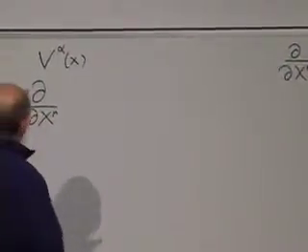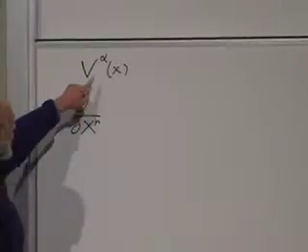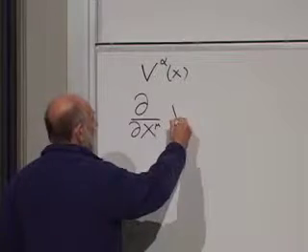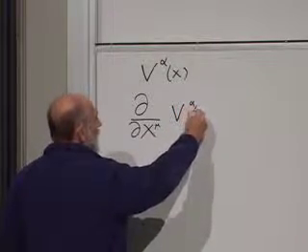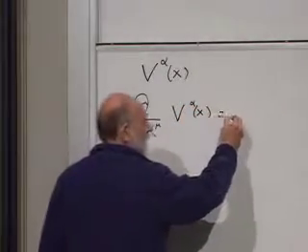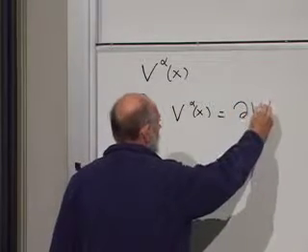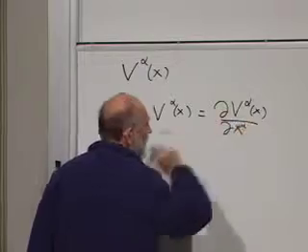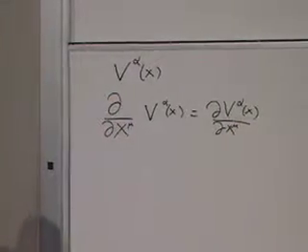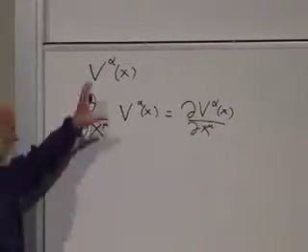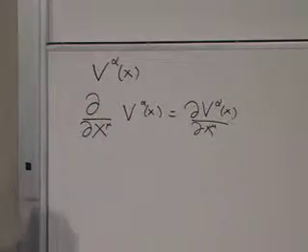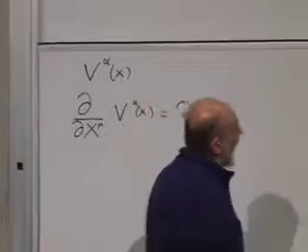So if we allow this operator to act on V alpha, all it means is the derivative of V alpha of x with respect to x mu. That's all it means. Hit the object with the operator and just do it. So the derivative with respect to x is an operator.